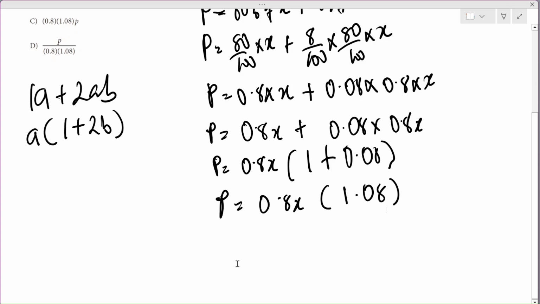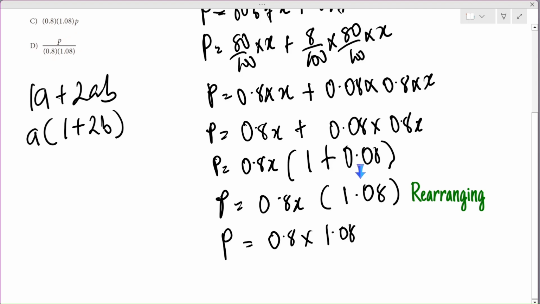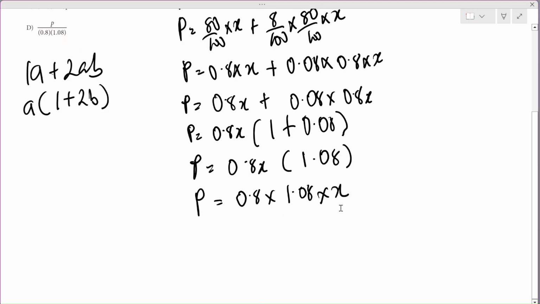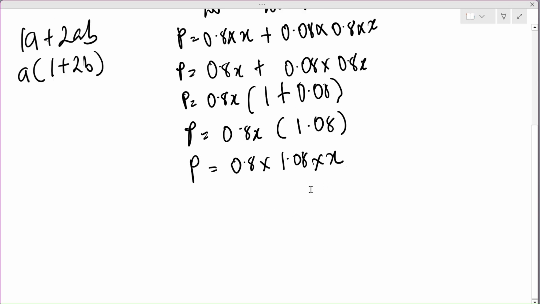They are all multiplying themselves, so you can write this as P equals 0.8 times 1.08, in bracket or without the bracket, then times x. You're trying to make x, which is the original price, the subject of the equation. So we divide both sides by 0.8 times 1.08 to get x to stand alone.